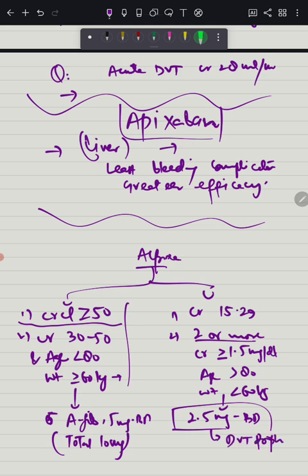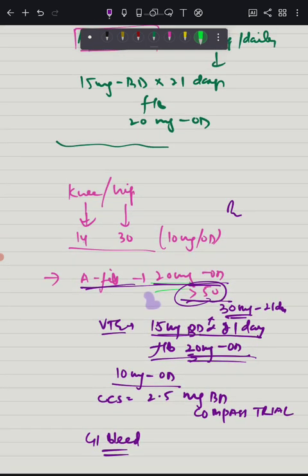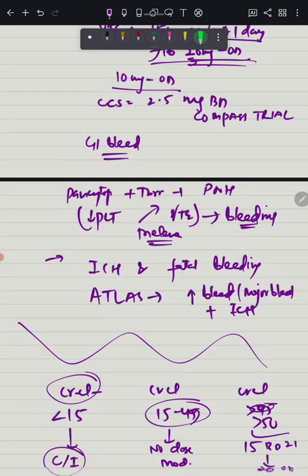So we know that for rivaroxaban, 2 weeks is the prophylactic treatment for knee, and for hip it's almost 5 weeks, so 14 and 30 days.